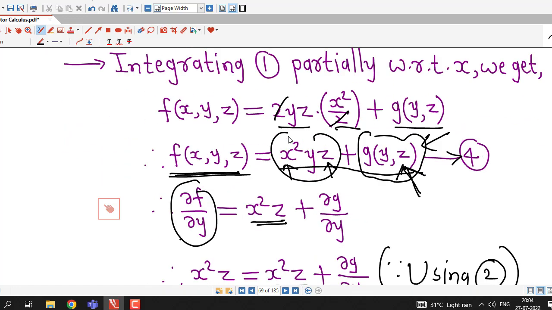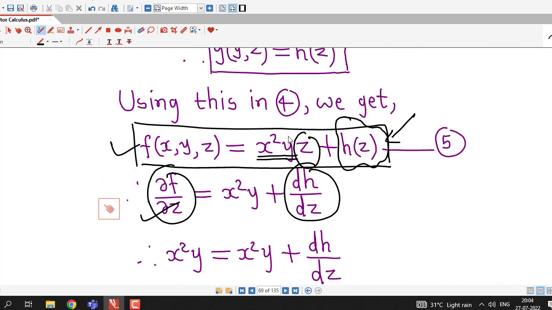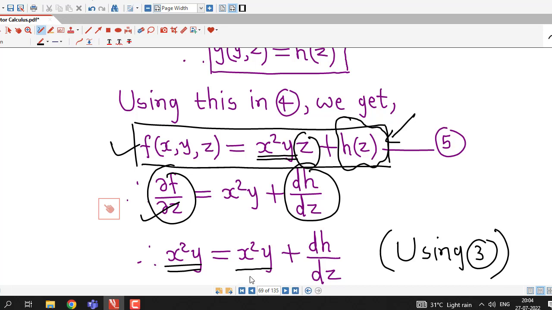So that we substitute here. Del f by del z is written as x square y, and that we write using equation number 3. And now we can see x square y equal to x square y plus dh by dz.